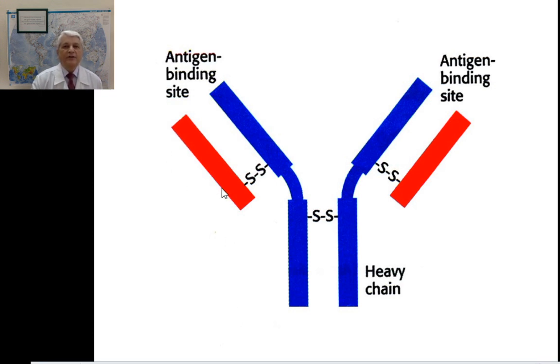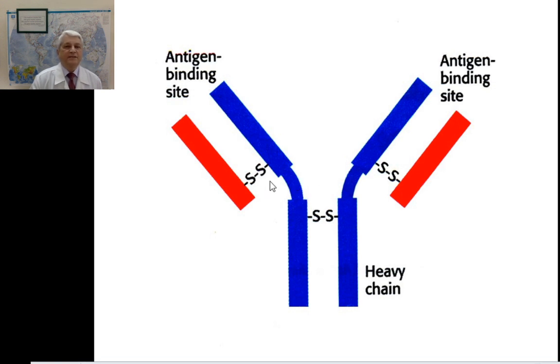Red color shows light chains. Second question. What is shown by blue color? I think you answered correctly. Blue color shows heavy chains. One heavy chain, second heavy chain. This thinner part of the heavy chain shows the hinge region, the flexible part.